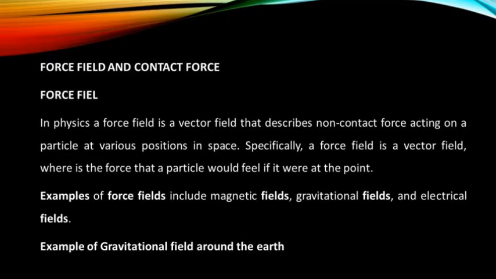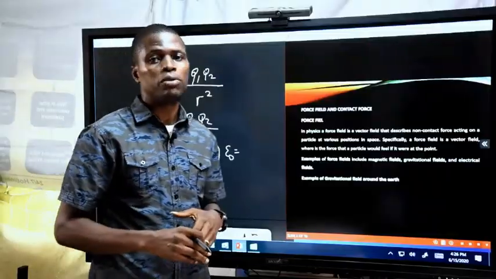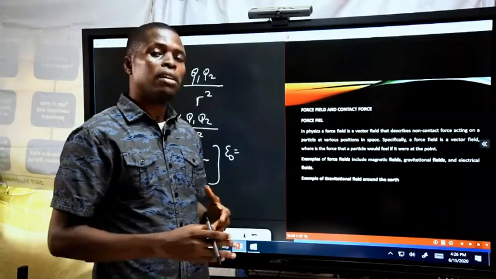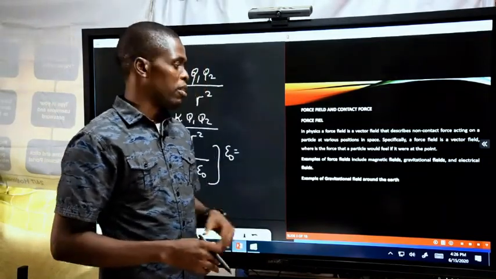So here, we want to concentrate more on the gravitational field. We need to understand what a force field is and the difference with what we call the contact force. So a force field, as I said, is a field under the influence of some physical agents such as electric, magnetic, or gravitational.